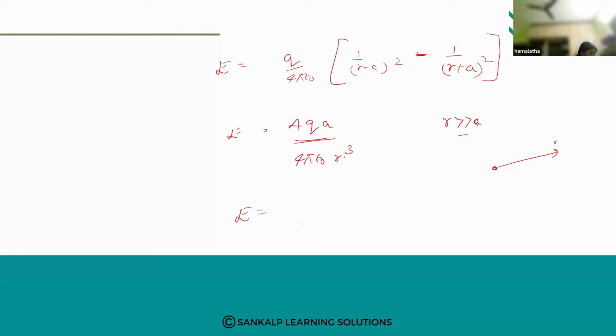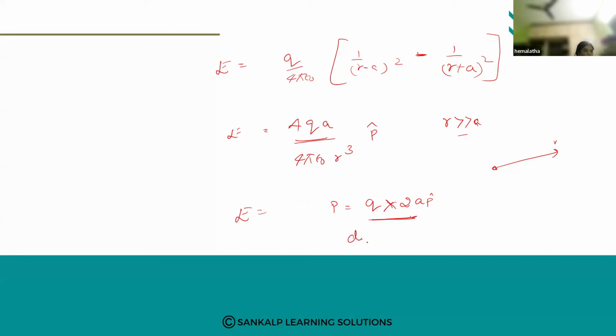In terms of p, p is a vector known as the dipole moment. I will explain what the dipole moment is and where you experience it. P is equal to q into 2a, along the unit vector p. This is known as the dipole moment.